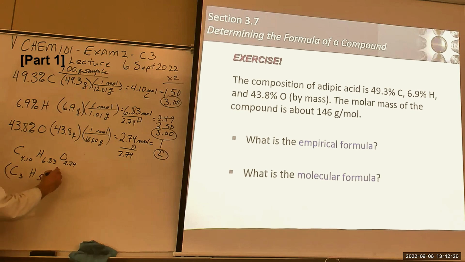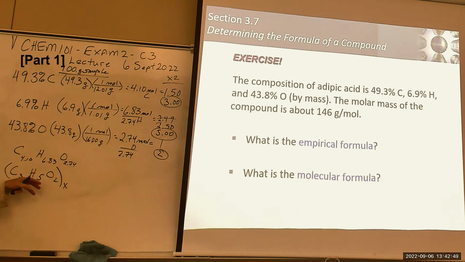What we need now is a multiplier. But how do we know what the multiplier is going to give us? Where are we starting from? Well, that's where this value comes in. This is the actual molar mass of the compound. So if this multiplier is 1, then it's 3 carbons, 5 hydrogens, and 2 oxygens will be that number.